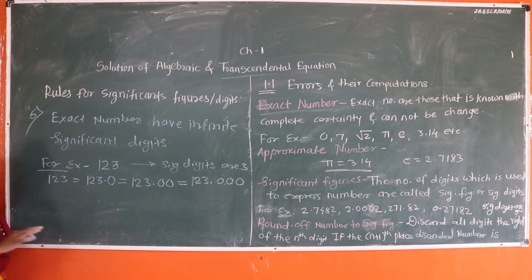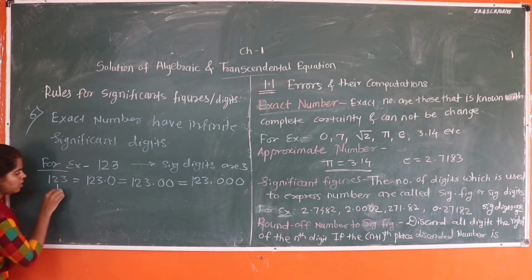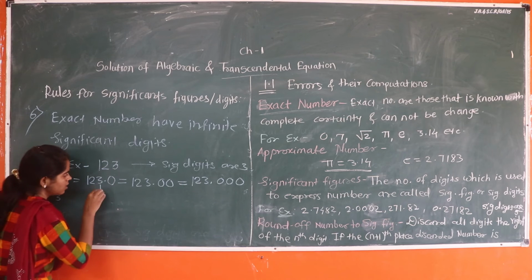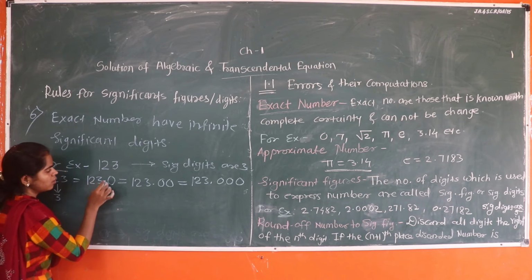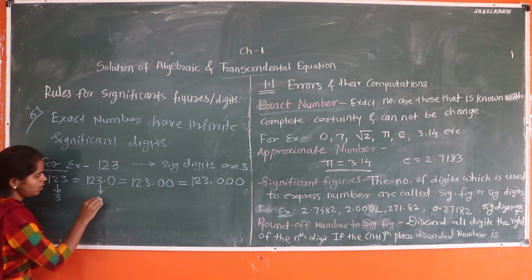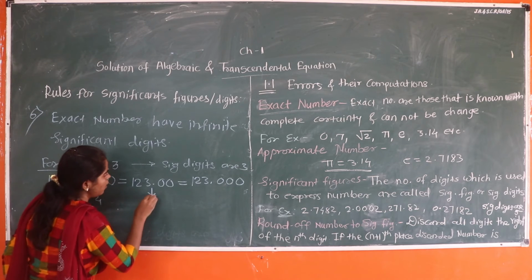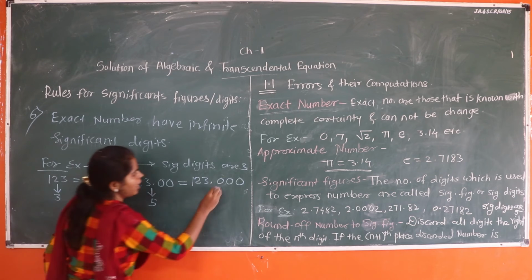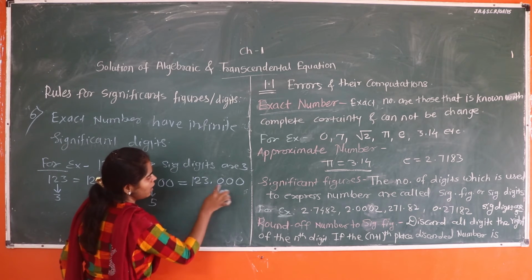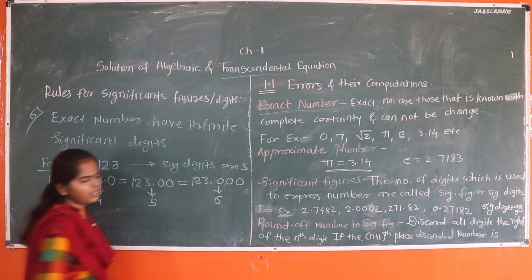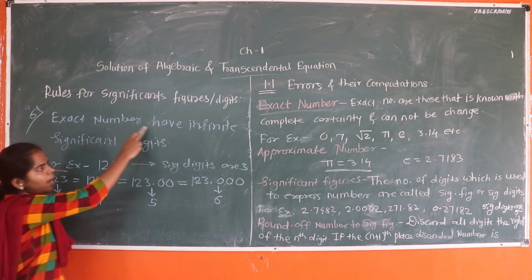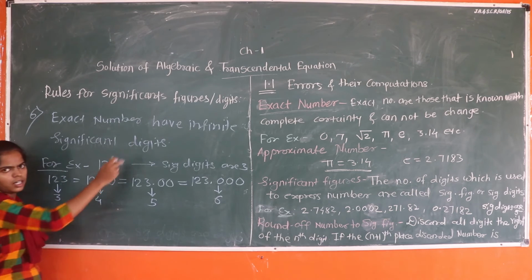But significant digits are different. This number has 3 significant digits, this has 4, this has 5, and this has 6 significant digits. Therefore, an exact number has infinite significant digits.